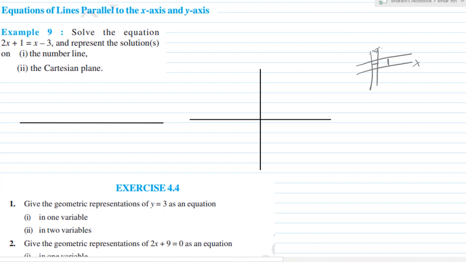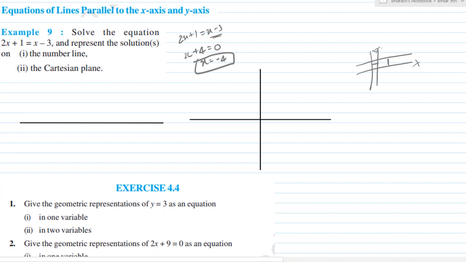Same thing here in these parallel lines, there will always be only one variable. So this is our equation, 2x plus 1 is equal to x minus 3. Get all these terms equated to 0, like send the RHS to the LHS. So x plus 4 is equal to 0. So our x value will be minus 4.